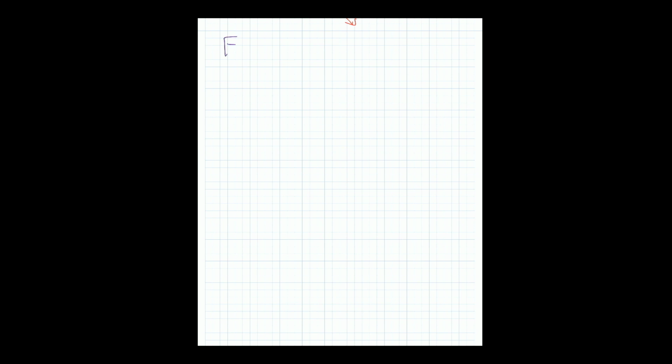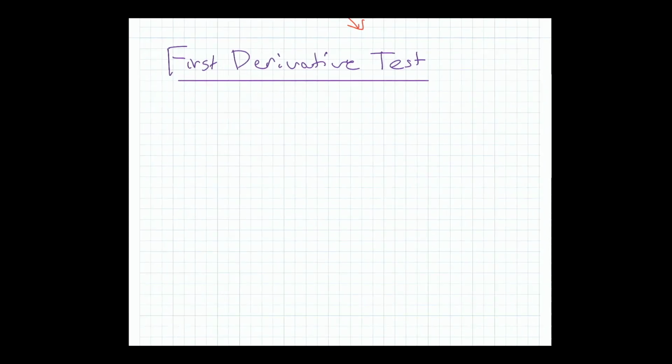So last time, first derivative test. Okay, you already know about critical points.